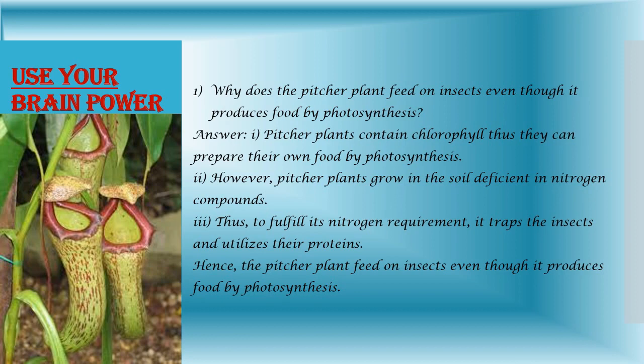However, pitcher plants grow in soil deficient in nitrogen compounds. Thus, to fulfill its nitrogen requirement, it traps the insects and utilizes their proteins. Hence, the pitcher plant feeds on insects even though it produces food by photosynthesis.